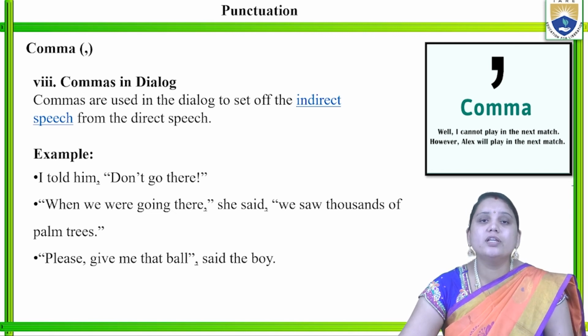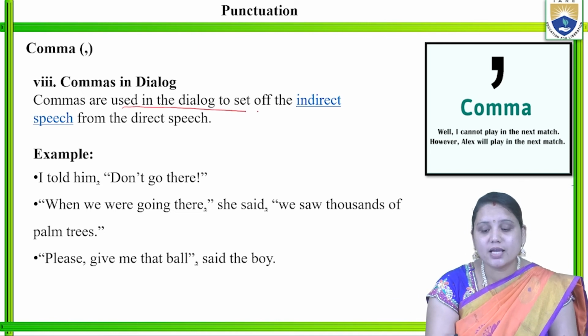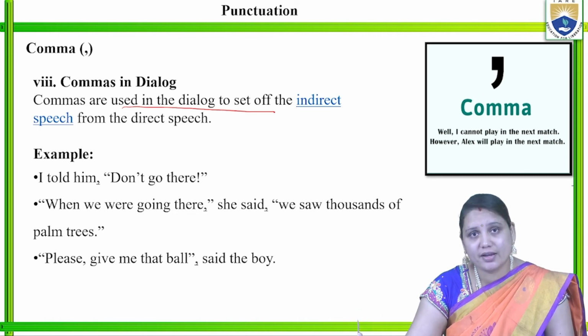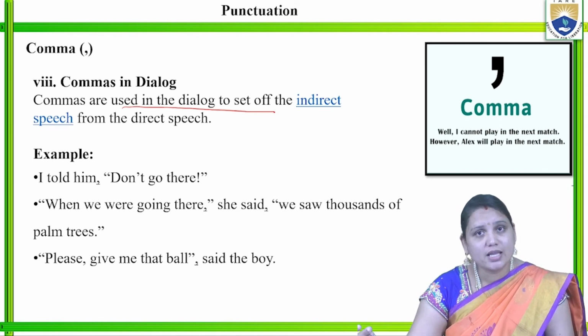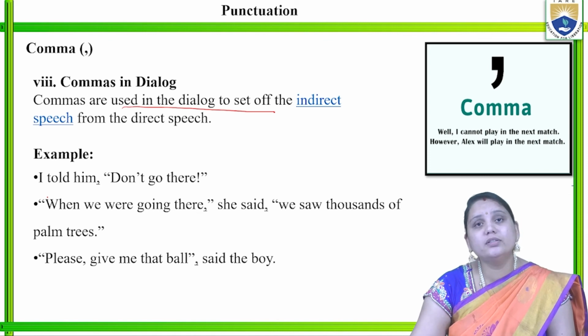Then, commas in a dialogue. How are we going to use commas in dialogue? Commas are used in a dialogue to set off the indirect speech. The speech which is direct is represented in the quotes. Now see, I told him, don't go there.